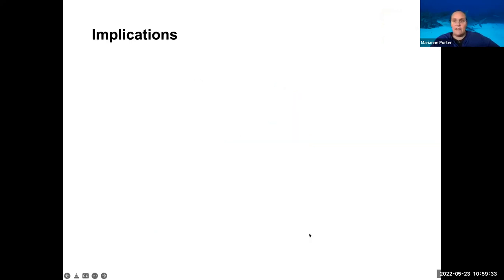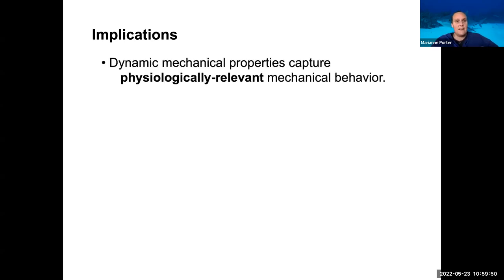So what this all means, we've been able to test with a variety of different mechanisms to start to really explore the viscoelastic properties of this mineralized cartilage. And this is important because it allows us to think about the dynamic properties in a physiologically relevant set of mechanical behaviors.